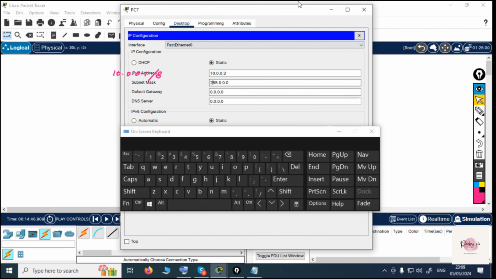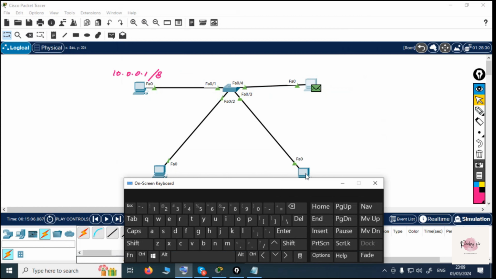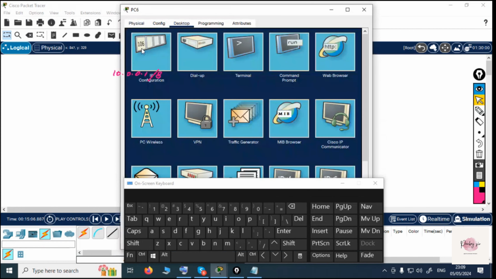It will keep this address because this is unique.